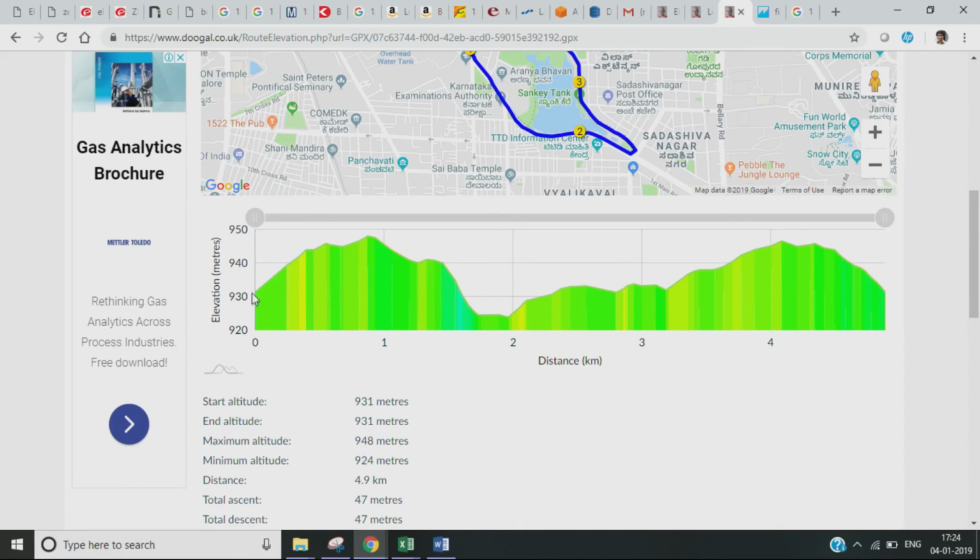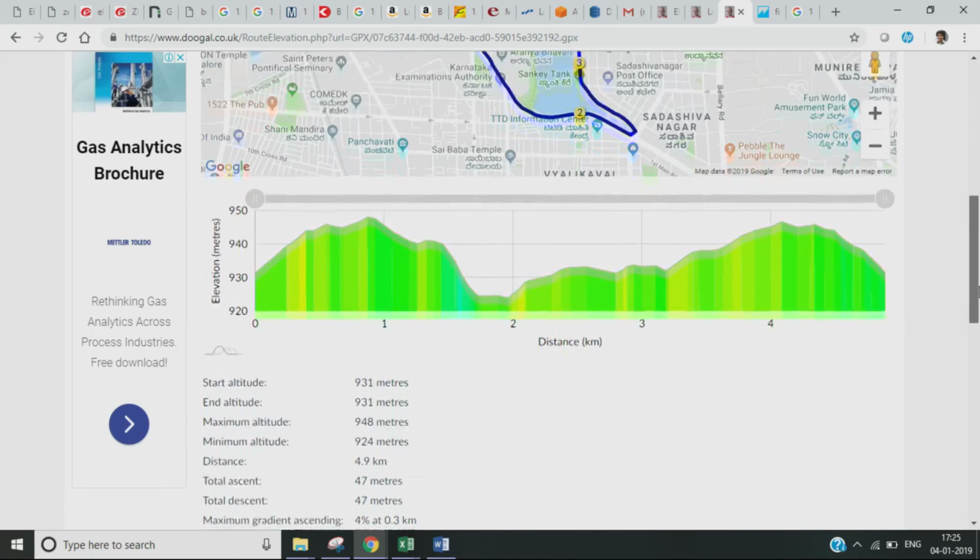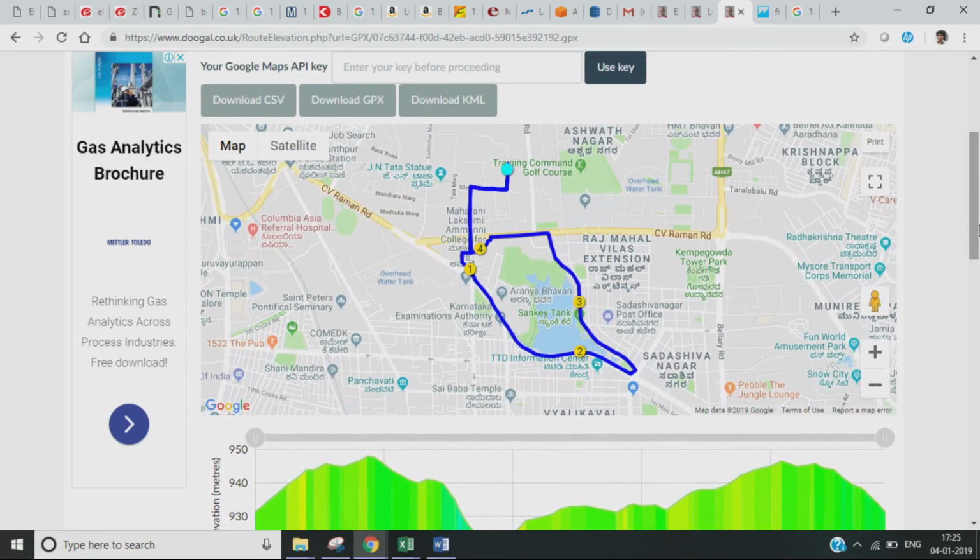In the middle it went from 930 meters elevation to about 945, about 15 meters, and then we came back and took this path. So, that is what I am saying, that you actually have the elevation data. With this elevation data, what could you do? Can you find out what could have happened with the driver and how he accelerated? It will be of interest for you to interpret.